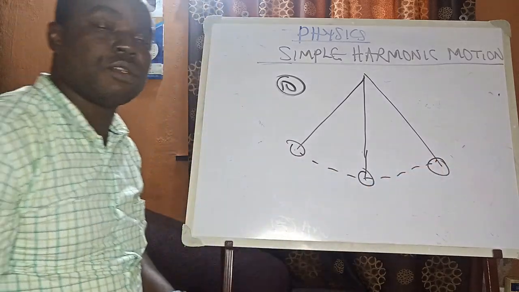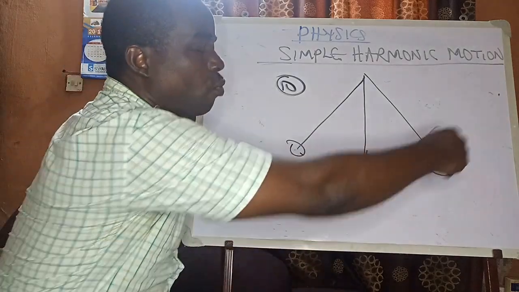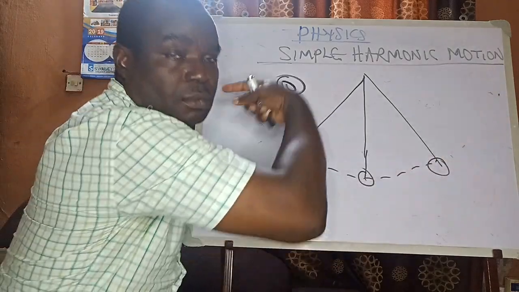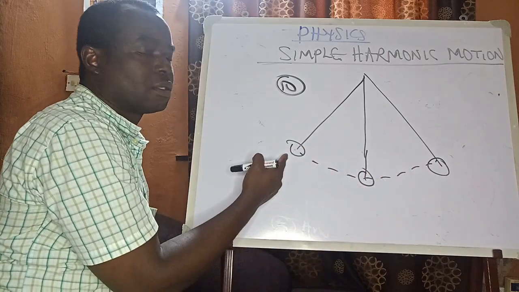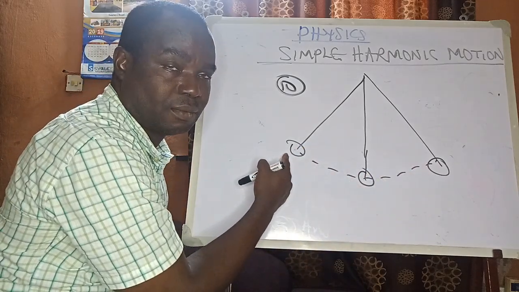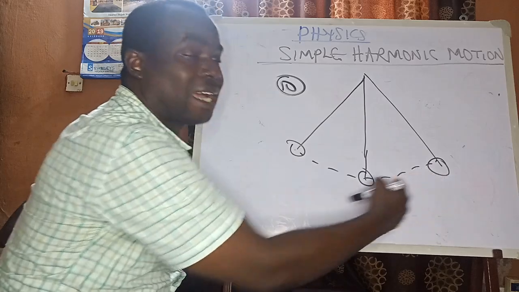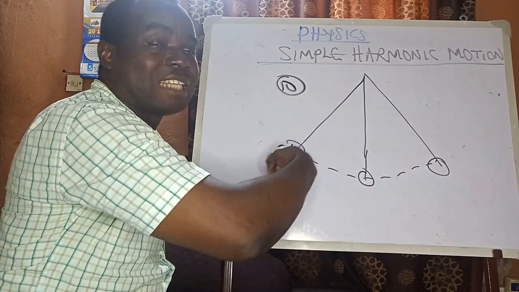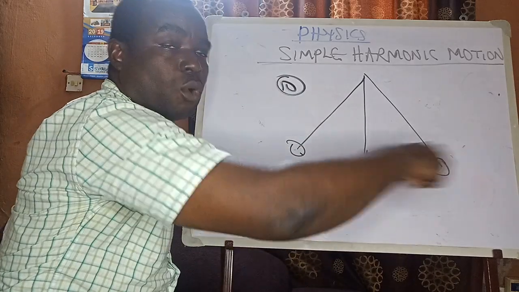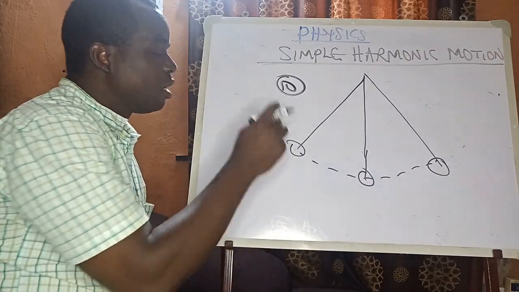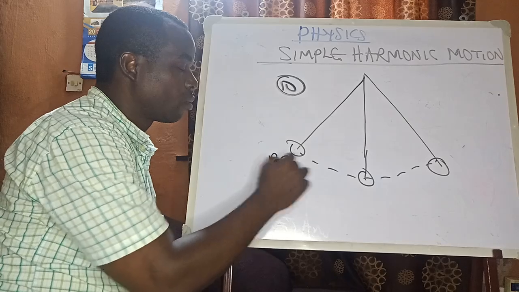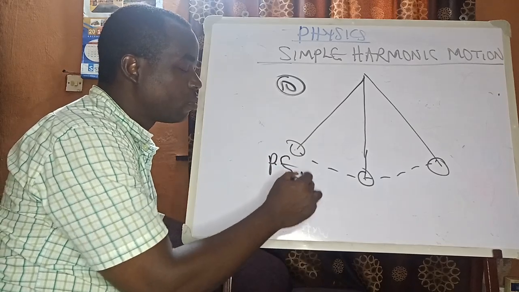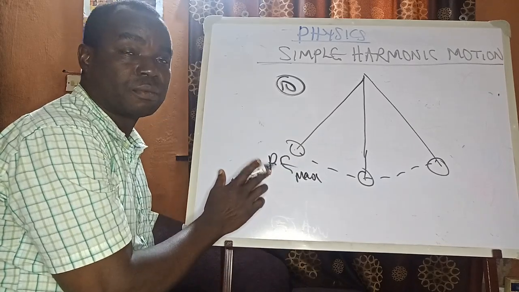Now, from the diagram, the simple pendulum oscillates like this. Okay? Now, it means that at this point, the pendulum is at rest. And at this point, it's at rest. And at this point, it is at maximum velocity or speed. So, at this point here, it has what we call maximum potential energy.